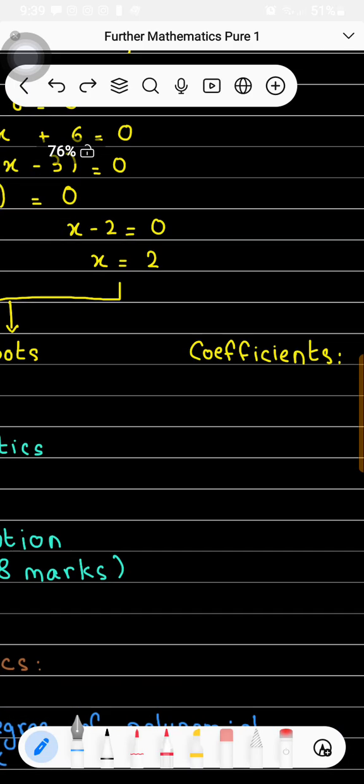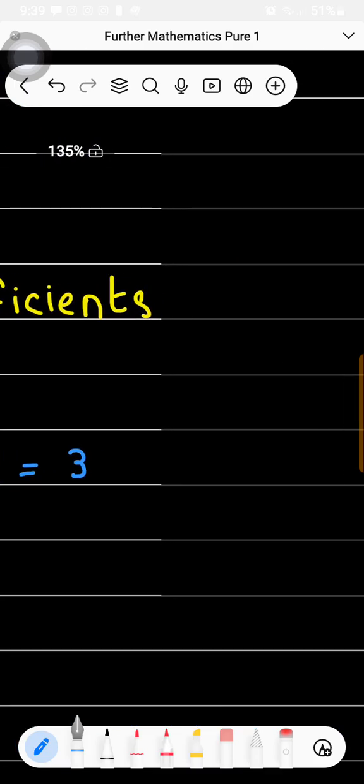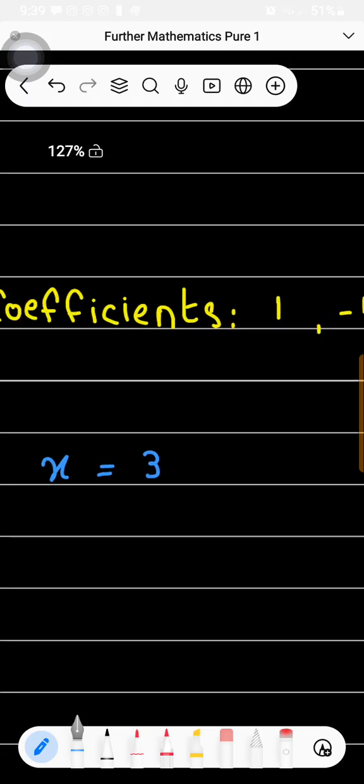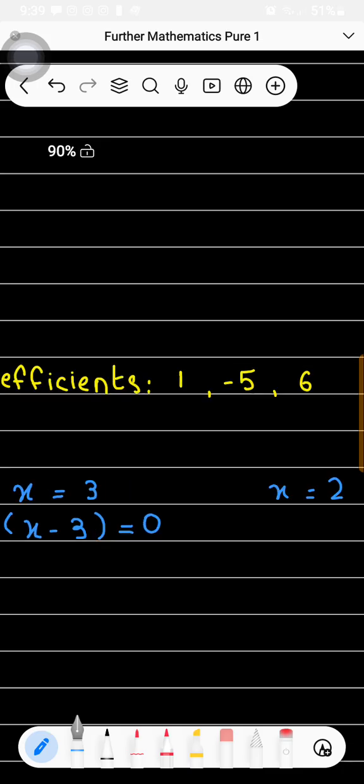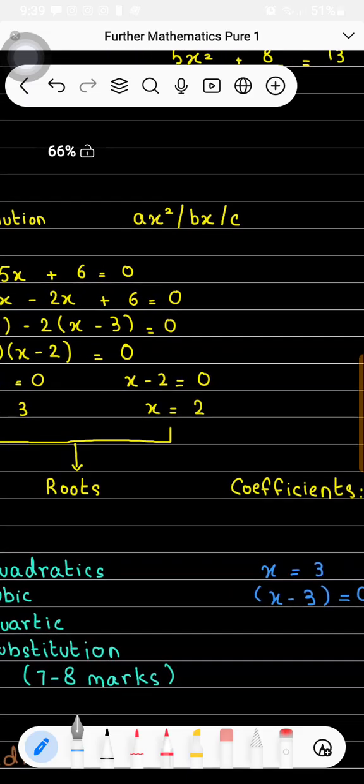So how do we do this? We have x equal to 3 and x equal to 2. We move the 3 to the left, and here also x minus 2 equal to 0.